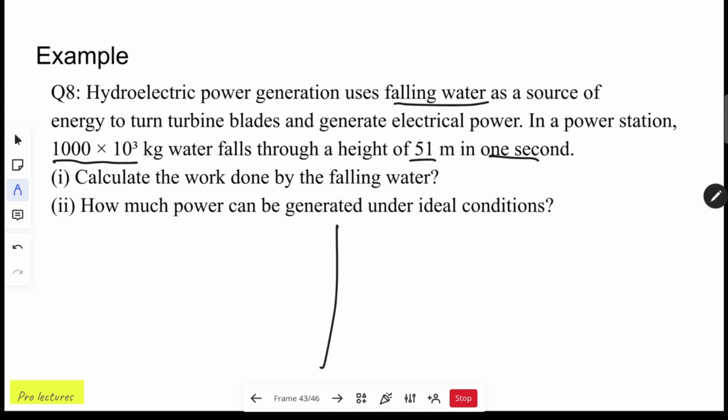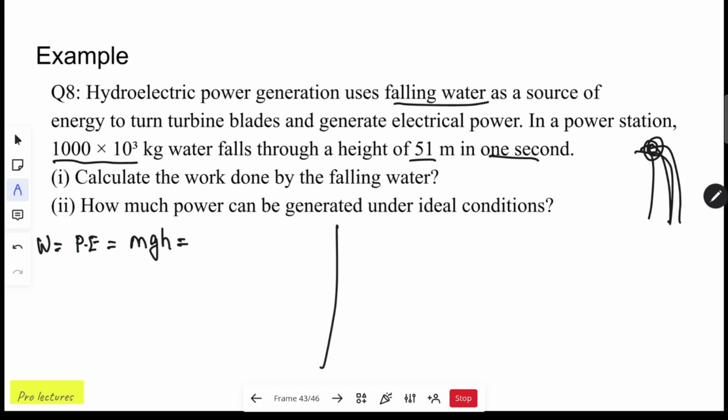So initially, at the top, if the water is falling here, the potential energy of the water due to the gravitational field will be mgh. So this will be what the work done would be.